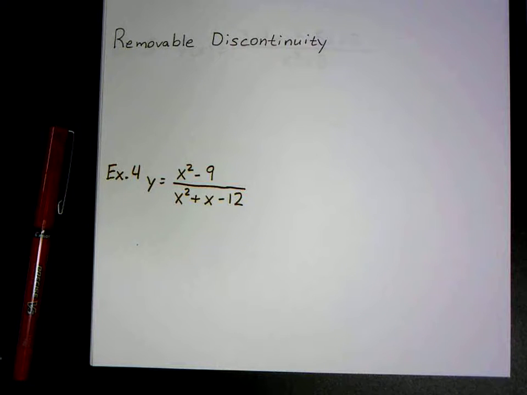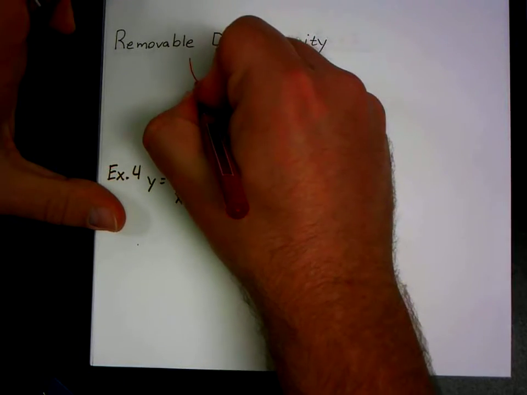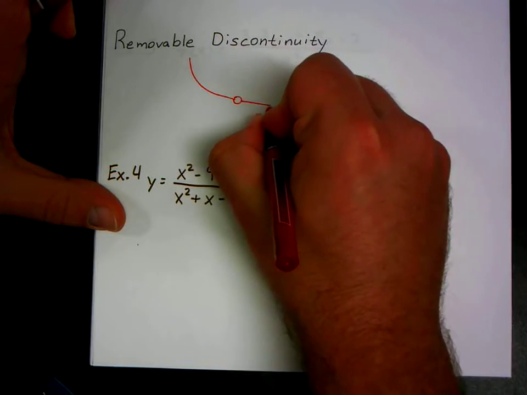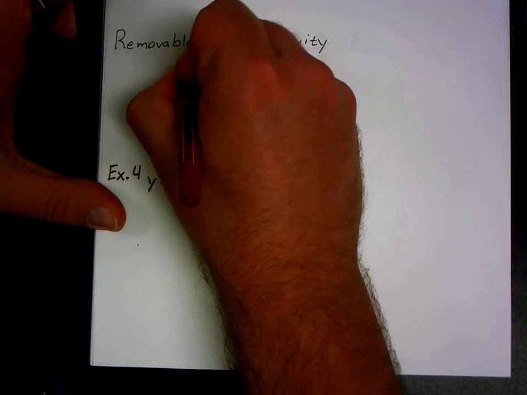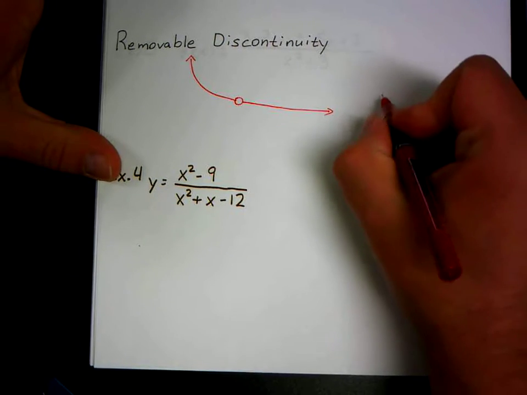All it is is a hole in your graph. So our graph is going along all nice and pretty. And then we have a spot where we can't graph. That's a removable discontinuity. So it was supposed to be a vertical asymptote, but instead we were able to get rid of it. So now all we have is a hole. The way we get rid of it is by factoring.